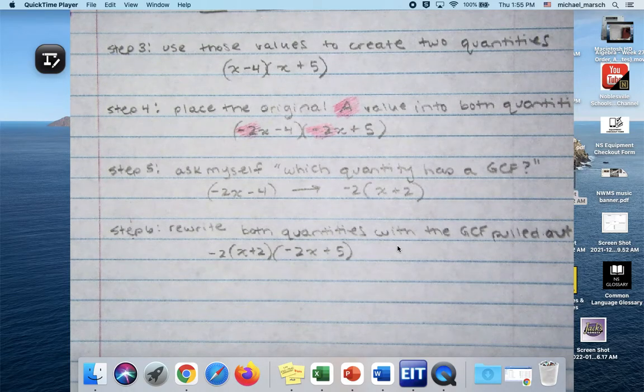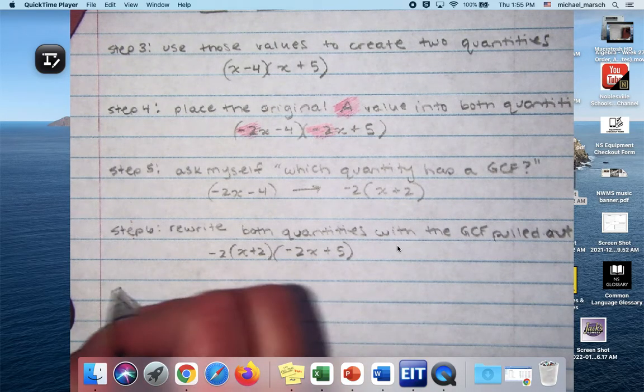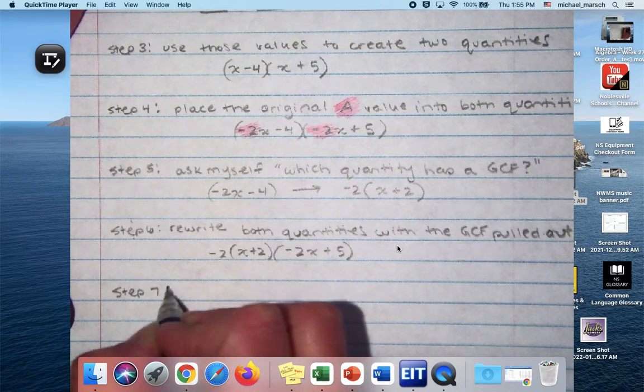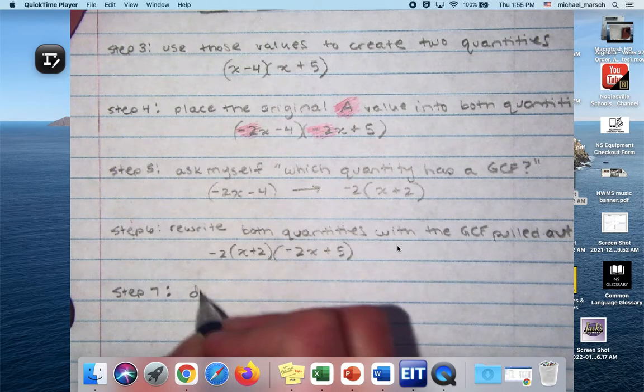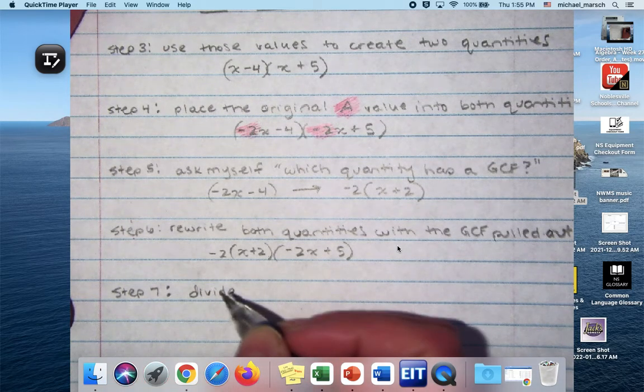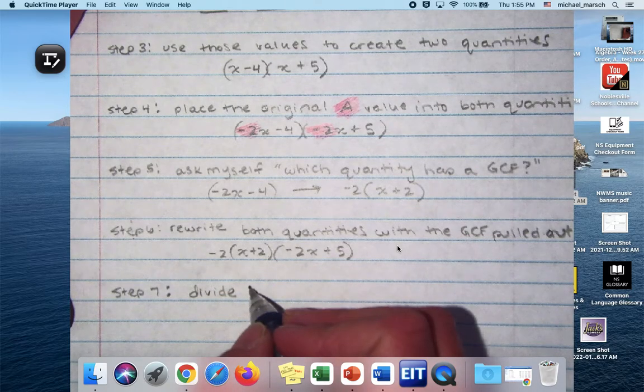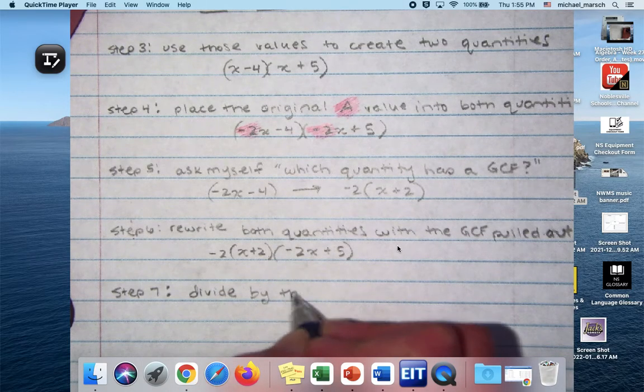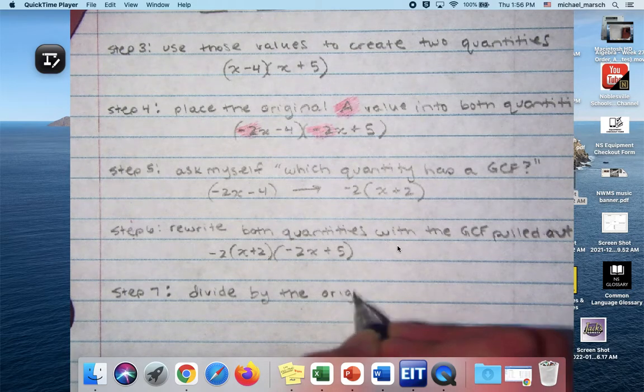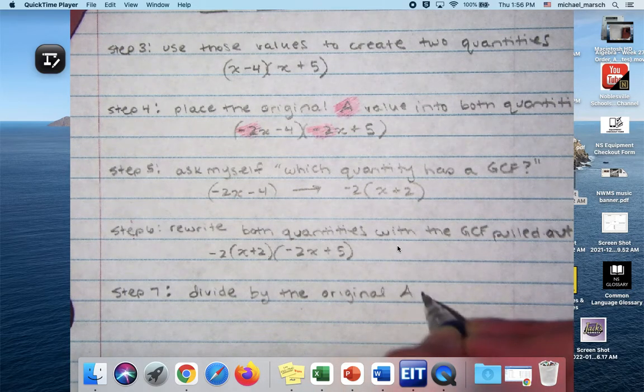All right, last step. Divide by the original A value.